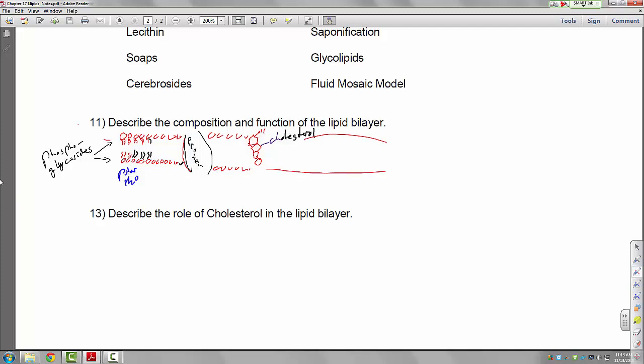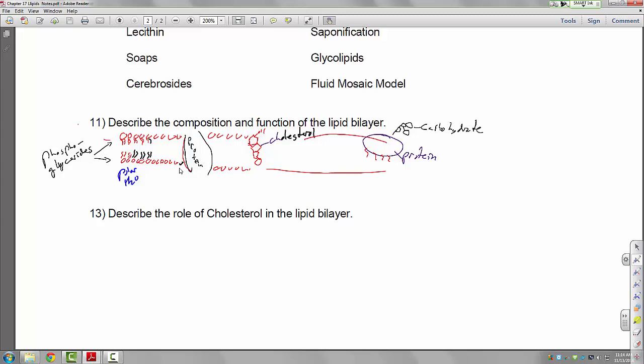So again, here's our lipid bilayer formed from two layers of phosphoglycerides. And you can also have proteins like we talked about that are sitting on the outside of the cell, and they may have some fatty acid stuck to them, so it would be a lipoprotein, and on that lipoprotein we might have some carbohydrate decorating them.